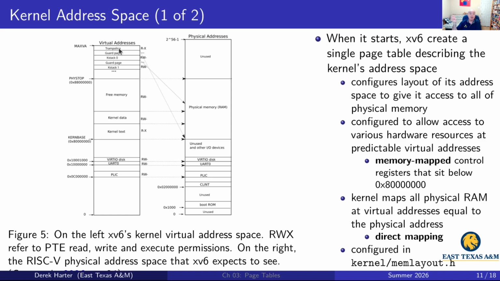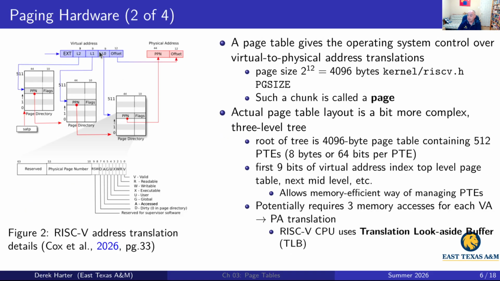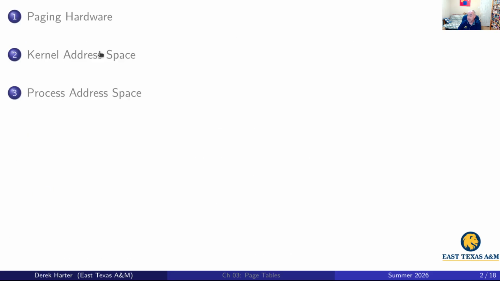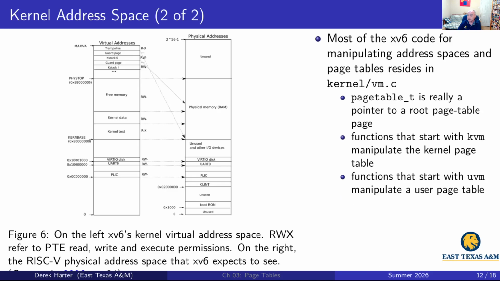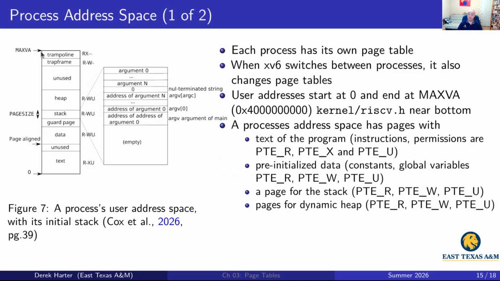So whether we have a kernel page table or the user page table, it's at the same address. That's part of how XV6 keeps things working when we switch from the user page table virtual address space to the kernel page table virtual address space, and back in the other direction when we're returning.